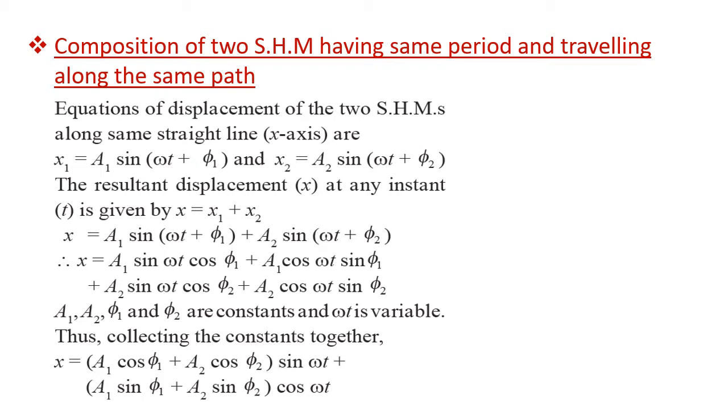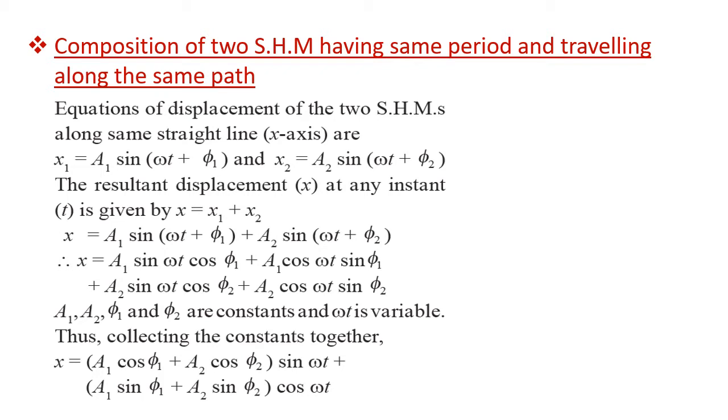Similarly for the second term, we get a2 sin omega t cos alpha 2 plus a2 cos omega t sin alpha 2.